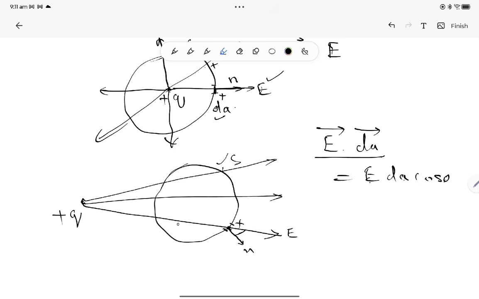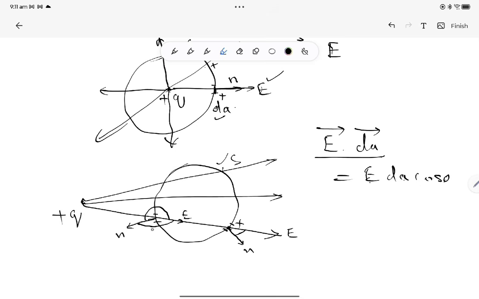So is the case everywhere here where it leaves the surface. But where it enters the surface, suppose an electric field line enters the surface, say there is dA, and this is the outward normal of this dA, and this is the electric field line. The smaller angle between the two is obtuse.